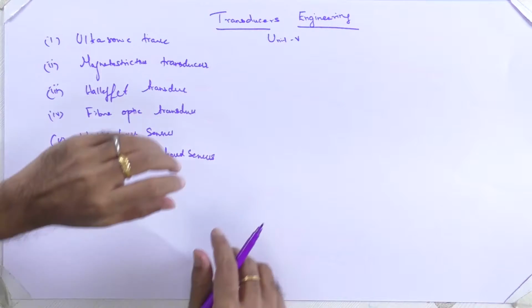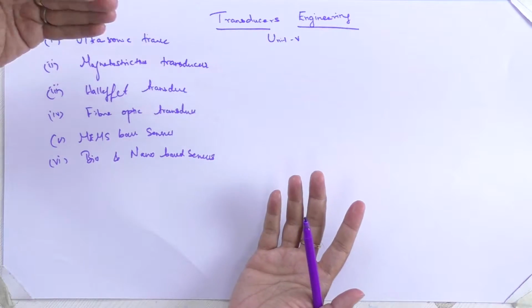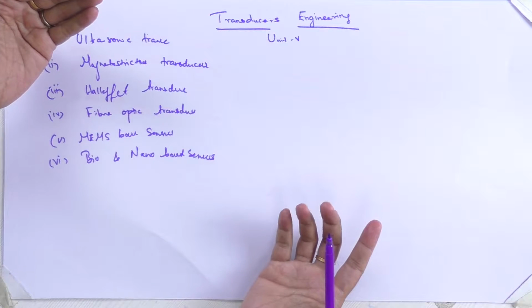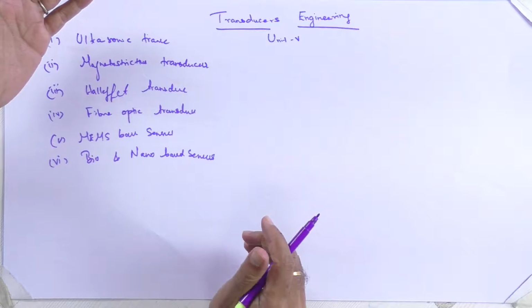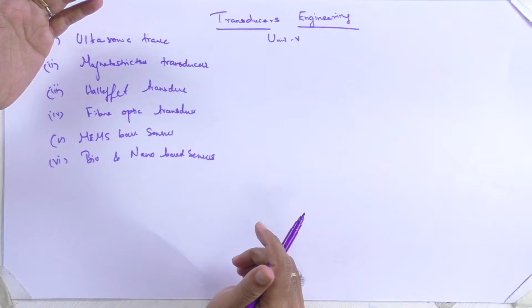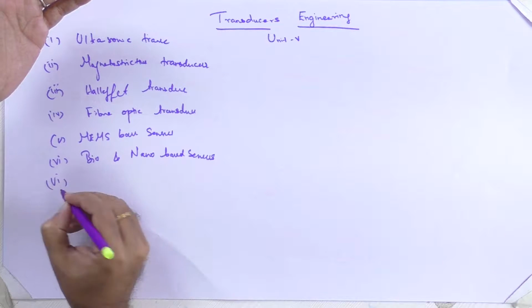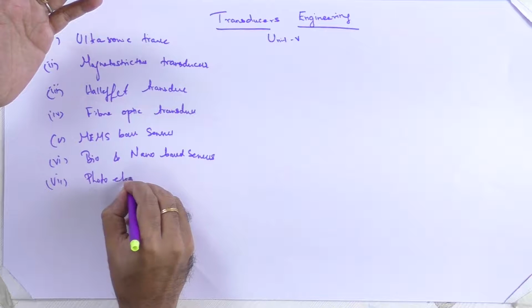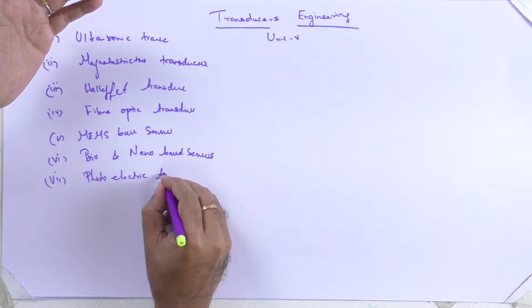All these, the ultrasonic, magnetostrictive, Hall effect, fiber optics, MEMS, bio and nano based sensors, are some very special types of sensors that we will be seeing. And I have mixed in one more, that is the photoelectric transducers.